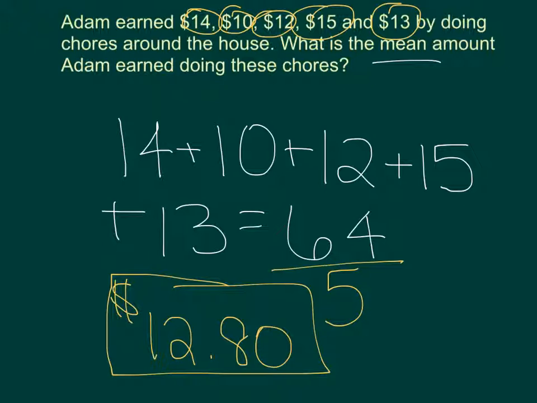The $12.80 should be kind of in between the data. So it should be more than the lowest number, but less than the highest. So your lowest is 10, your highest is 15. Your answer should be in the middle. So if you get a number that is like 17, your average cannot be higher than your greatest number or lower than your smallest.